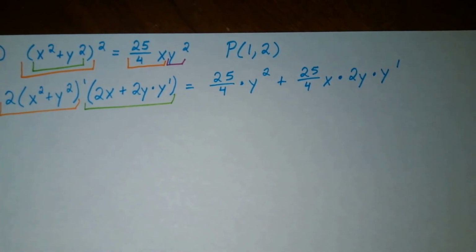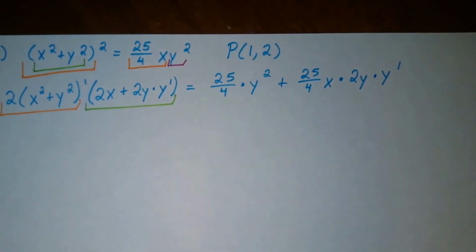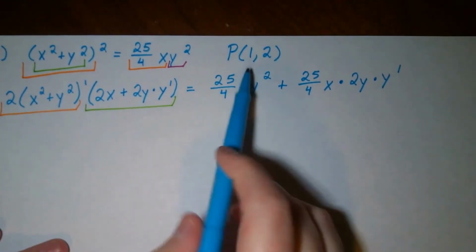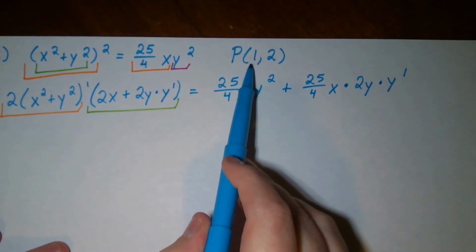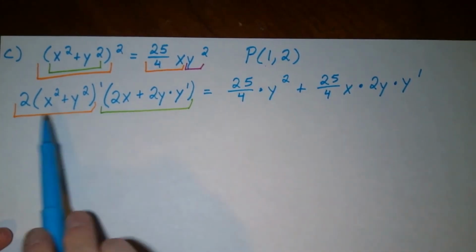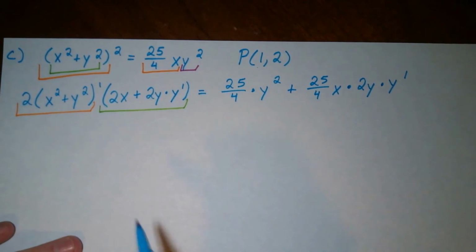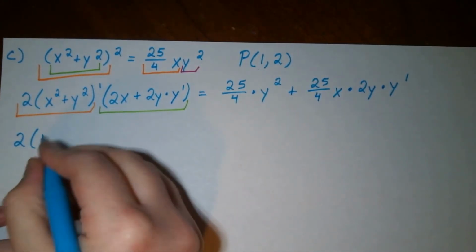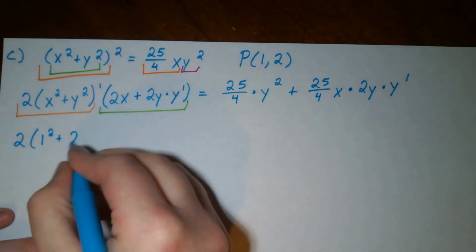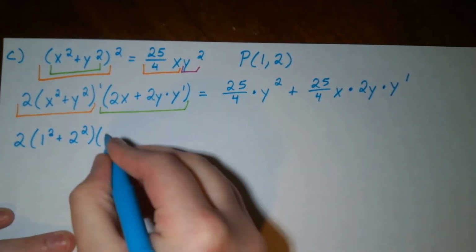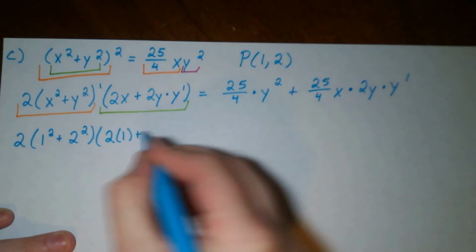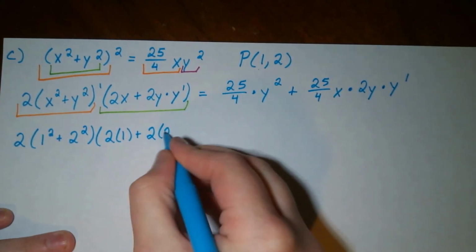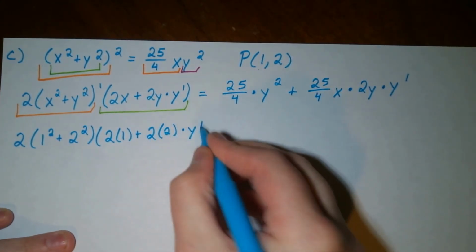Great. All right, let's see. Can I clean this guy up at all? You know what? I'm not going to. Instead, since I'm finding the tangent line at the point (1, 2), I can just go ahead and plug these numbers in. Let's go ahead and do that and see how it works out for us. So we're going to have 2 times 1 squared plus 2 squared times 2 times 1 plus 2 times 2 times y prime.